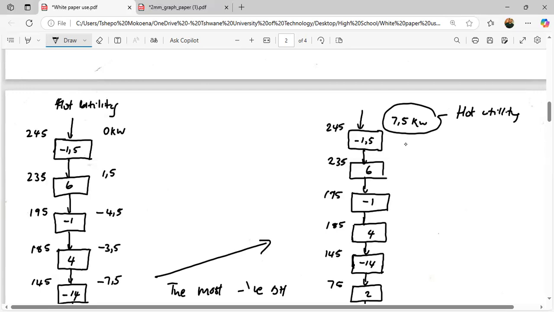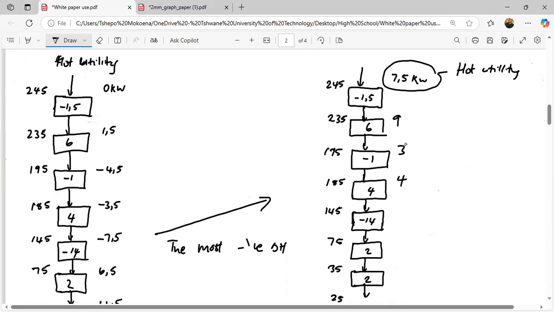So we're going to say 7.5 minus 1.5, that will give us 9. 9 minus 6, that will give us 3. 3 minus 1, that's like 3 plus 1, that will give us 4.